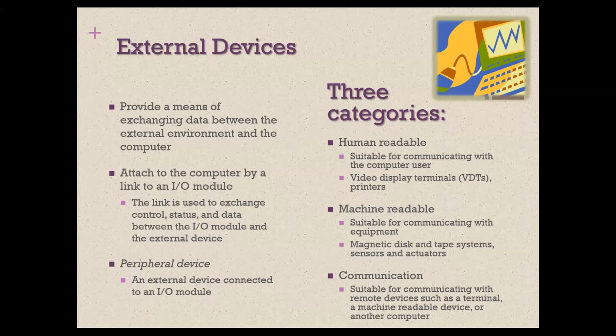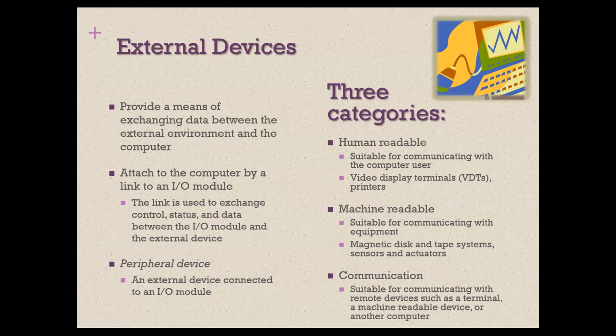The link is used to exchange control, status, and data between the I/O module and the external device. An external device which is connected to the I/O module is often referred to as the peripheral device or simply a peripheral.